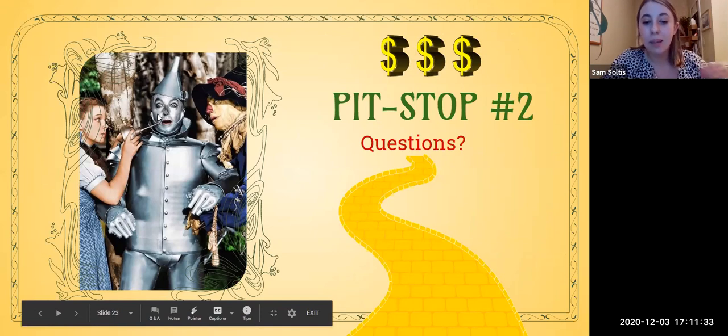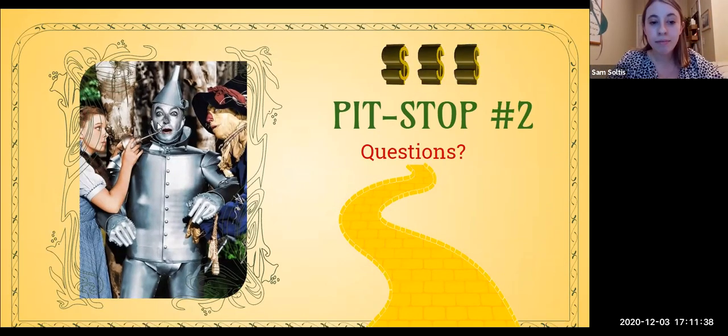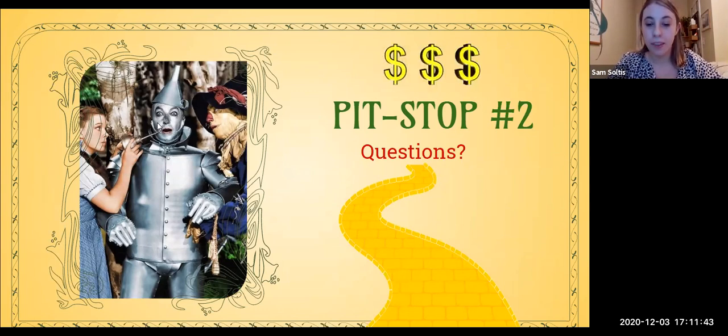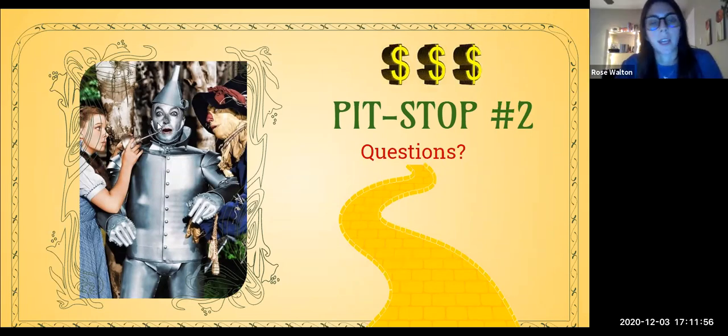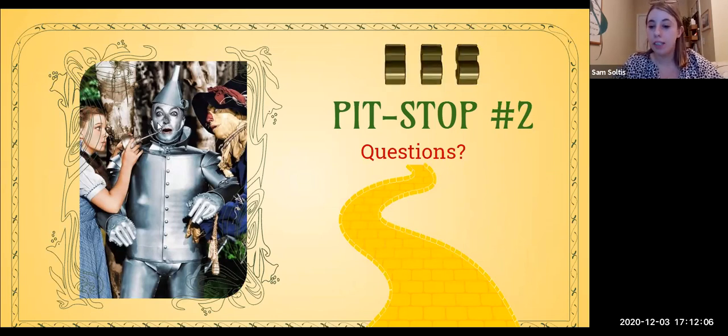So any questions about financial aid or loans or anything like that? We had a question pop up in the Q&A, and it was, how long does it usually take to receive your financial aid packages? That really depends on the school, but around the springtime, that's usually when they'll all start coming in.